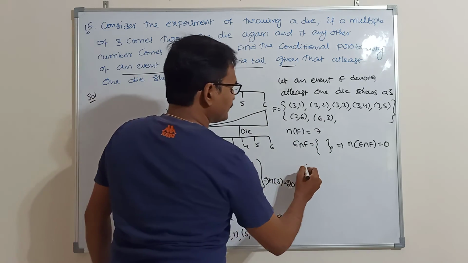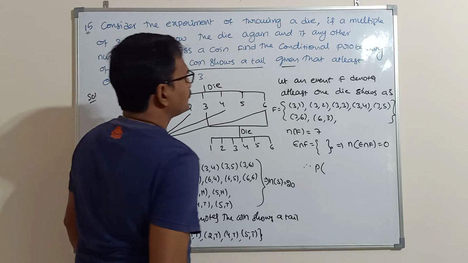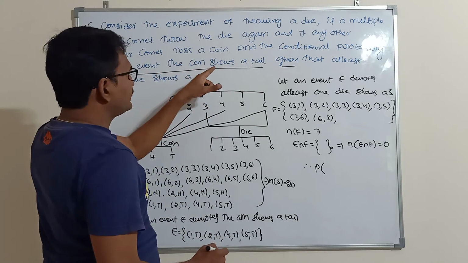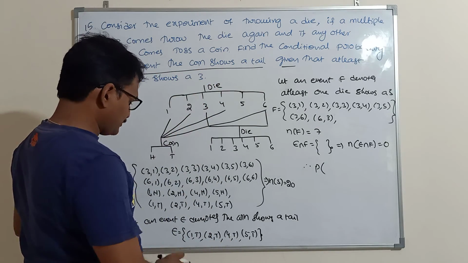Next, the probability of the event that the coin shows a tail.